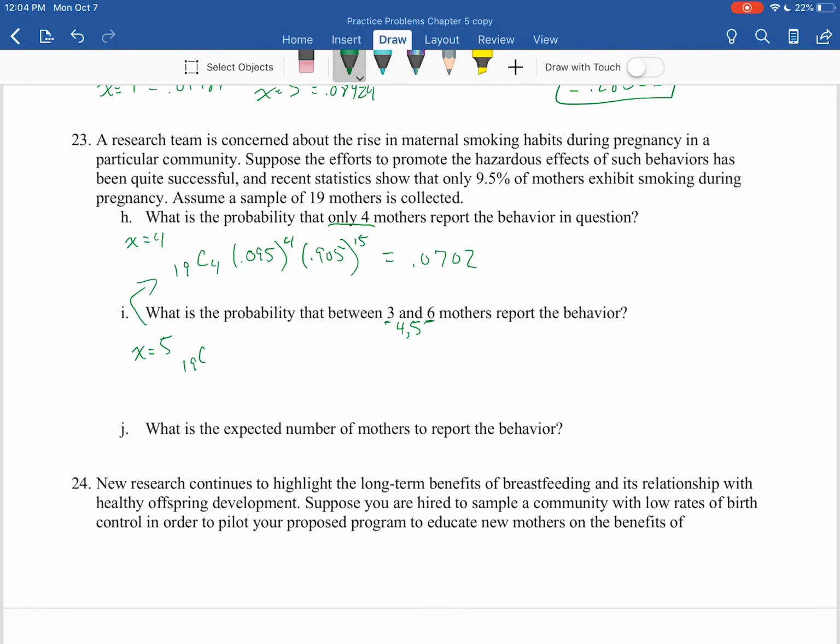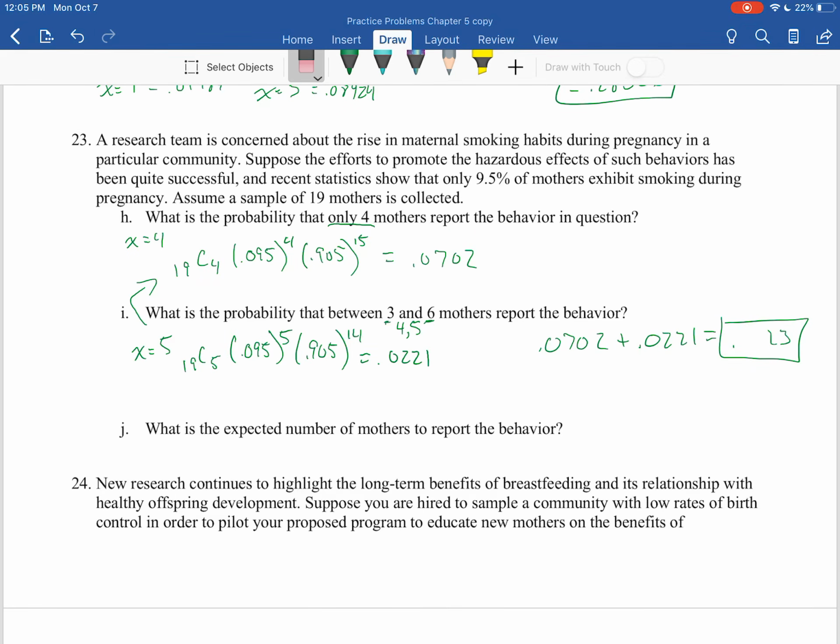So this is going to be 19 choose 5, 0.095 to the 5th power, then times 0.905 to the 14th power. When we do that, we should get 0.0221. Now we're going to add these values together, so 0.0702 plus 0.0221, and that equals 0.0923, or the probability.